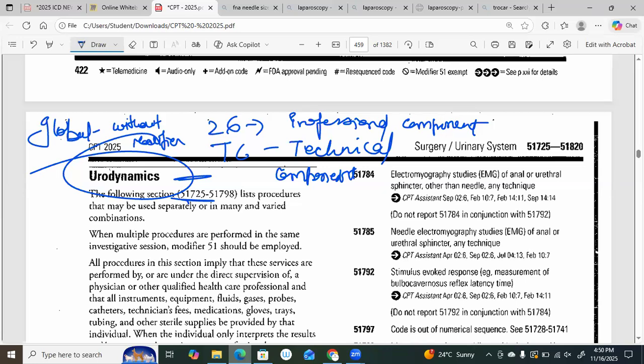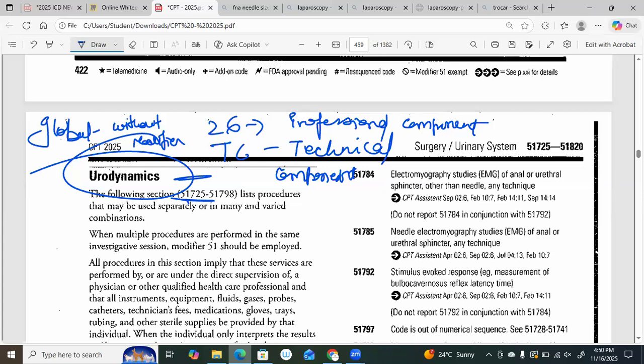These studies are usually performed for incontinence, urinary tract infections, and voiding issues. Voiding issues means that the patient is not able to empty their bladder. All these codes are for the studies. These are not procedures; these are studies. We are going to get particular results after these studies.